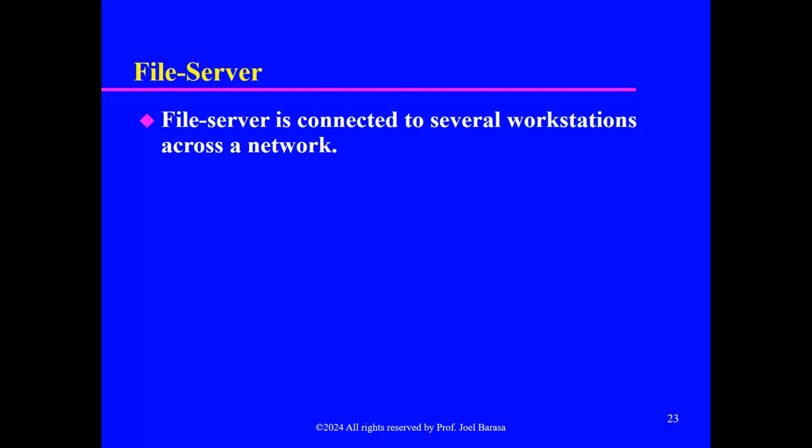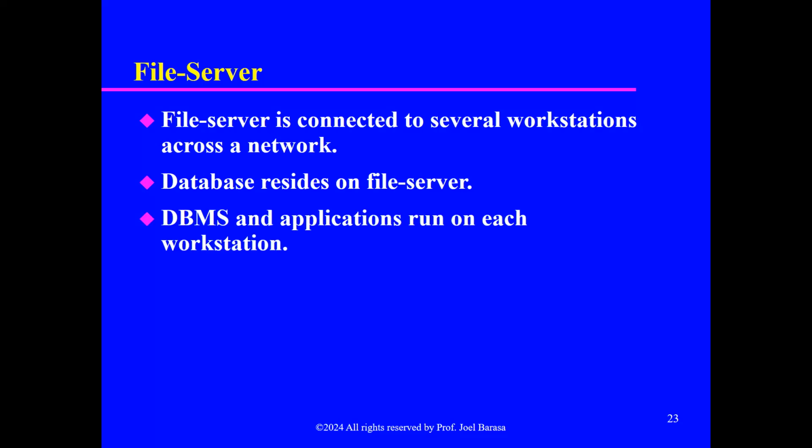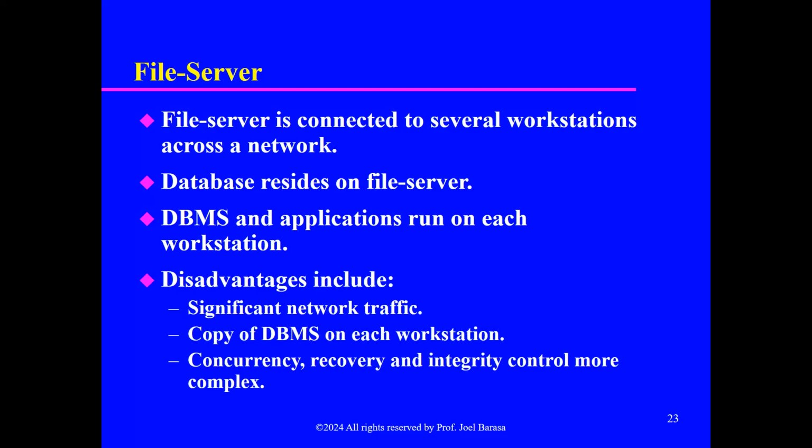Then we have the file server, which is connected to several workstations across the network. The database resides on a file server. This one is more commonly used in hosting areas. A DBMS and application can run on each workstation. What are the disadvantages of this? If you are using a file server system, there is significant network traffic. There is a copy of the DBMS on each workstation.